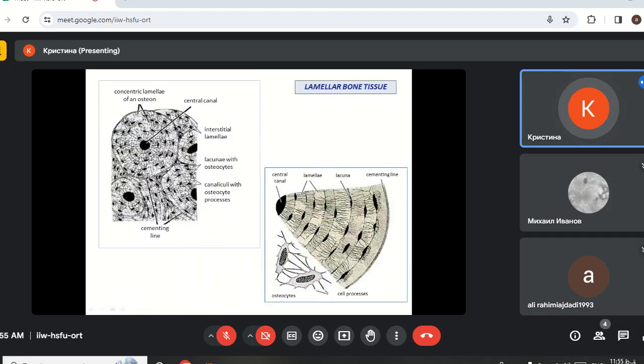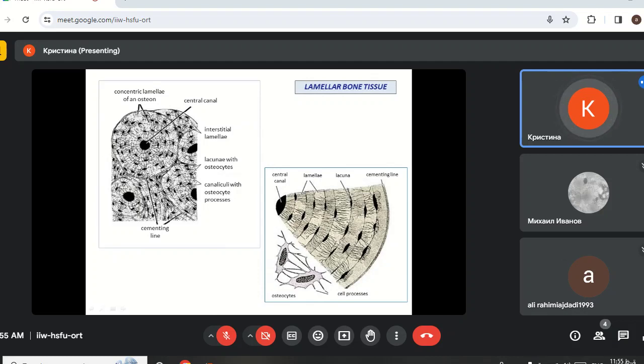So here you can see the part of the layer of osteons, some osteons here. Each osteon consists of central canal, inside which we will have the blood capillary and the nerve, and some lamellae which surround the central canal.